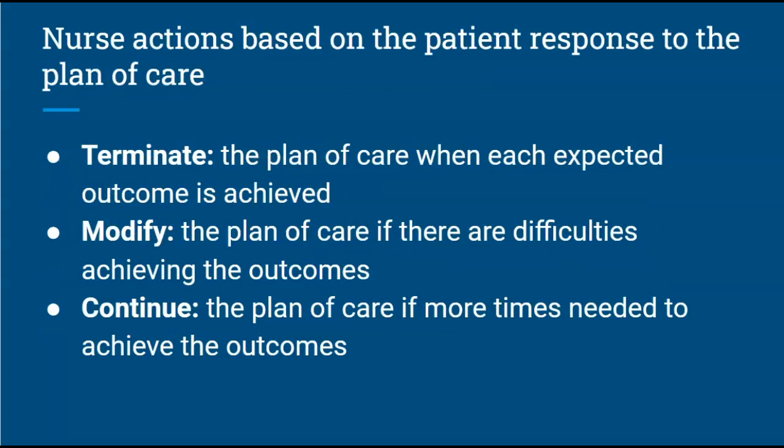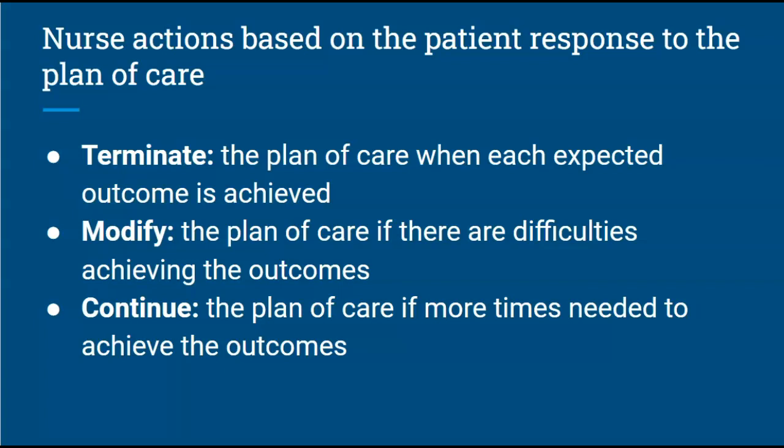The following are nursing actions based on the patient's response to the plan of care. One of them would be to terminate the plan of care. When each expected outcome is achieved, you terminate it because you have reached all the outcomes, so no need to continue that plan of care.